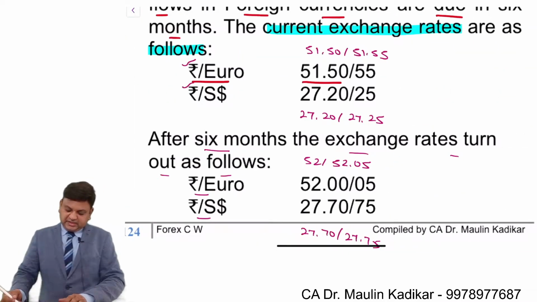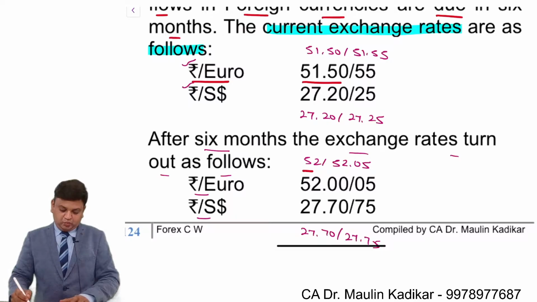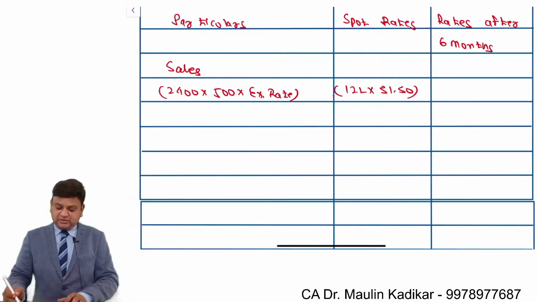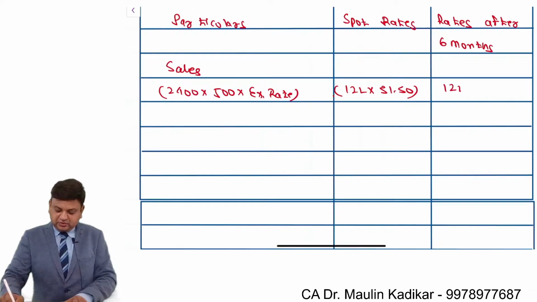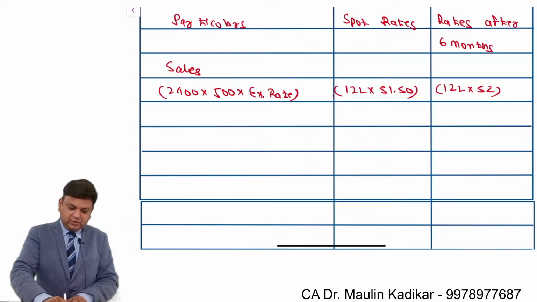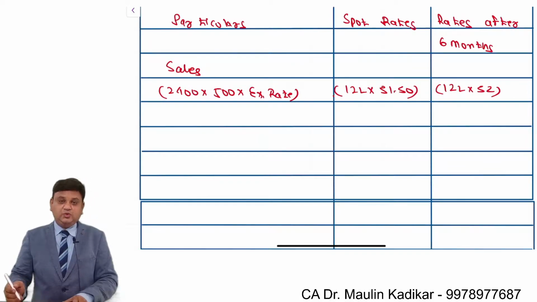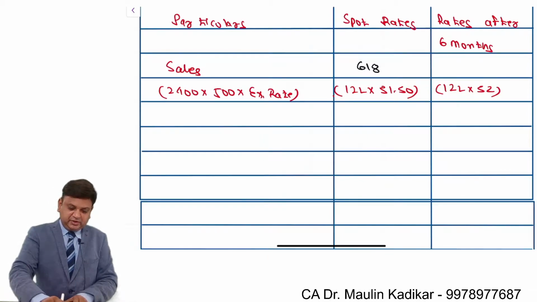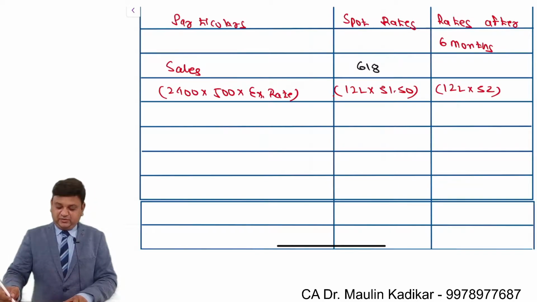And the exchange rate after 6 months is 52. Because again it is the sell of euro and purchase of rupees, you will get less amount of rupees between both of them. So 12 lakhs into 51.5, that comes to 618 lakhs. Later on it is 12 lakhs into 52, that comes to 624 lakhs.